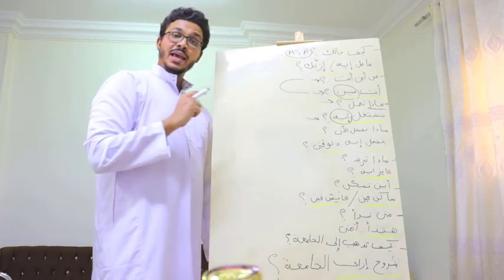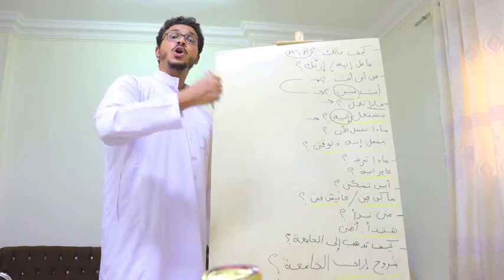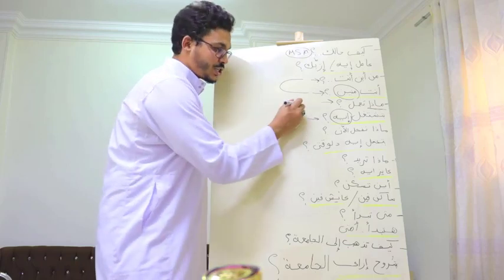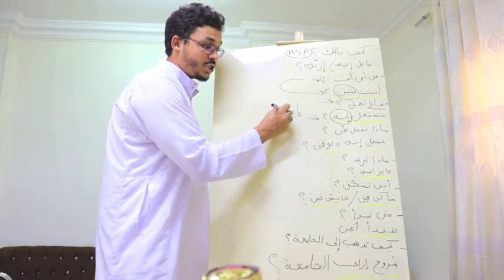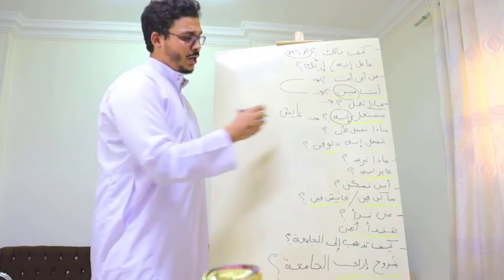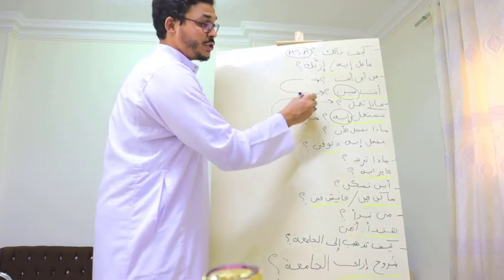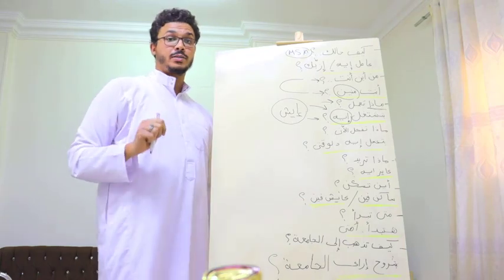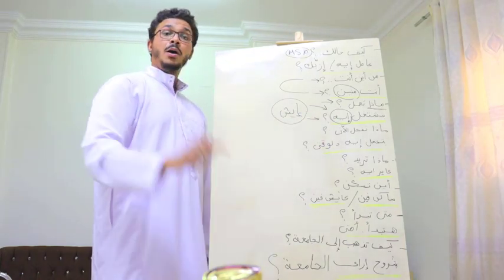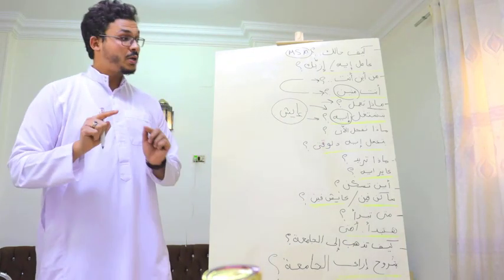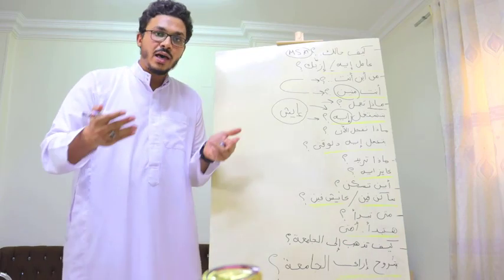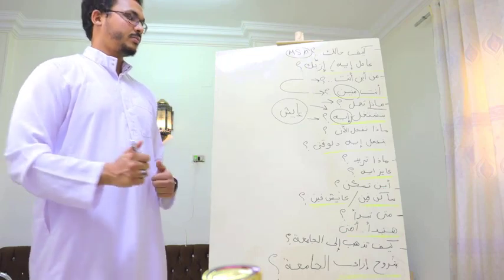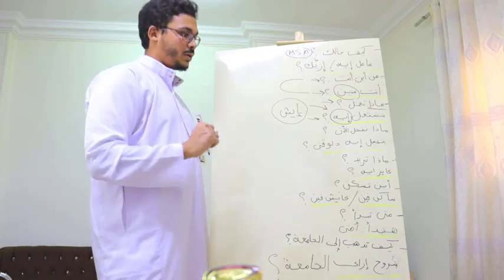This word ايه in Egyptian Arabic, in Gulf dialect it's إيش, which is very close to the Egyptian version of what. But keep in mind that what in Standard Arabic is ماذا. Let's go to the next one.